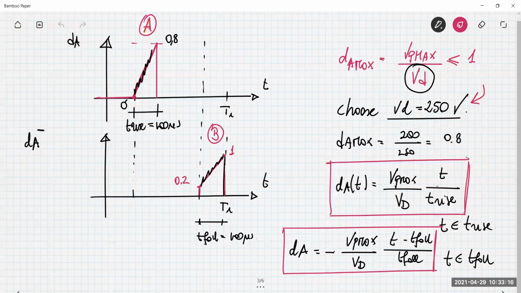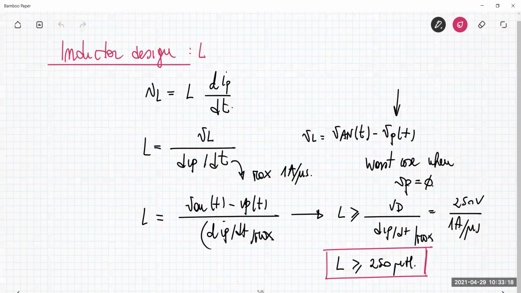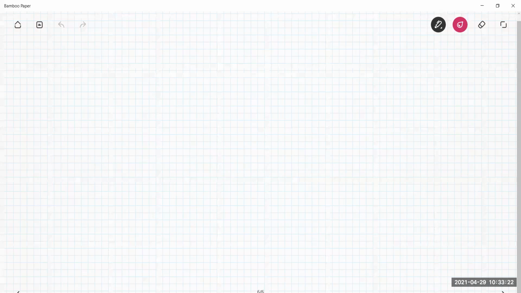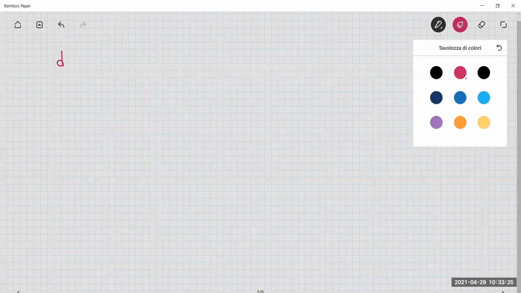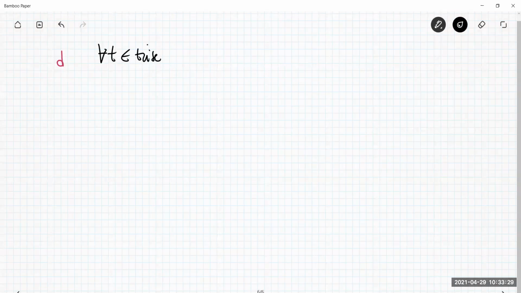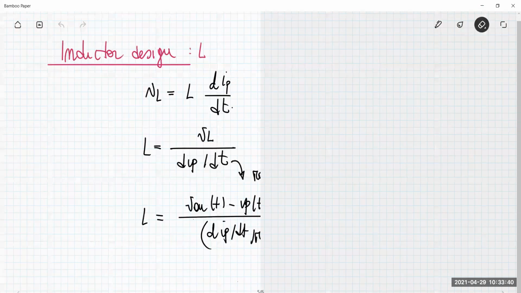So we saw that the duty cycle, supposing that we are talking about the rising edge, for any t that is included in T rise, is provided by the expression that I gave you before, which is here.